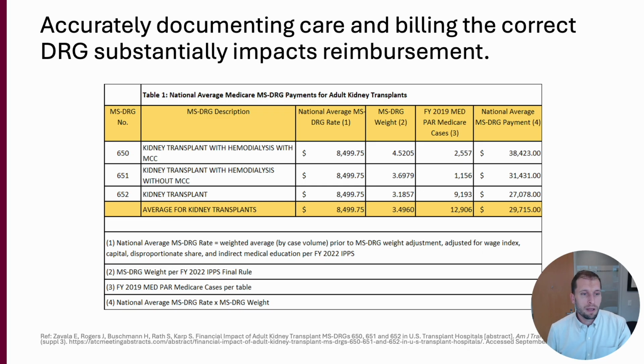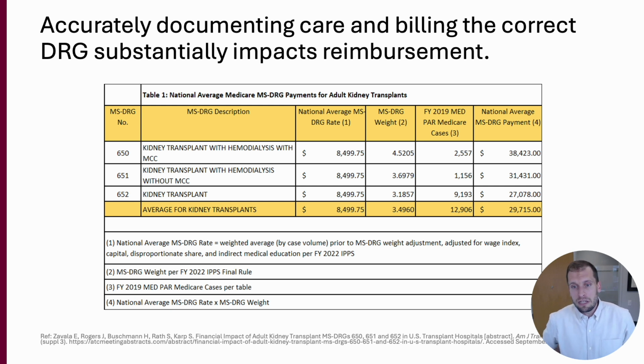So this is from a study in the kidney transplant setting, basically looking at the reimbursement under these 3 different DRGs. So kidney transplant with hemodialysis. If you need to do some dialysis in the hospital, a lot of times the hospital is actually going to be paying somebody else.